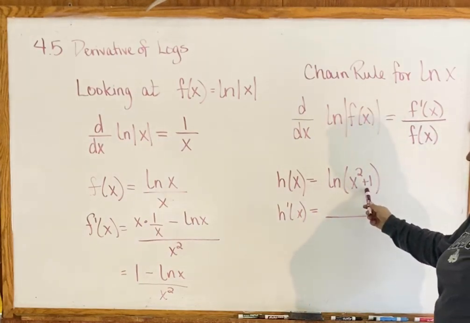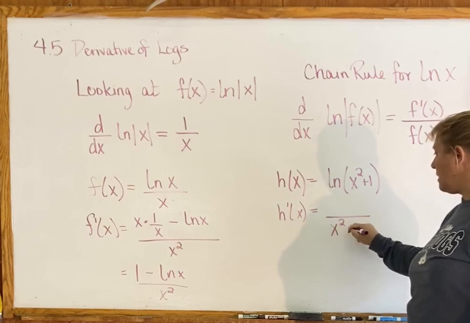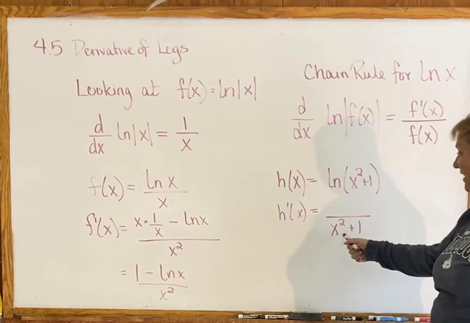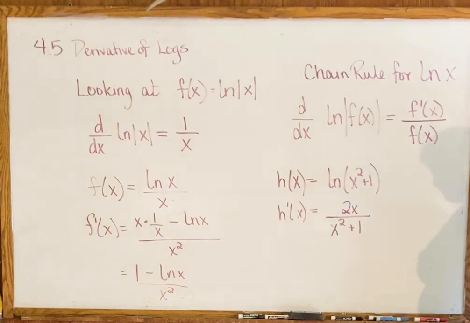We take the original guy in the parentheses and put him on the bottom. x squared plus 1 goes on the bottom. Then we take the derivative and stick it on the top. The derivative of x squared plus 1 is 2x. Then we would take a minute to see if there was any simplifying. We can't in this case, but sometimes these will simplify.